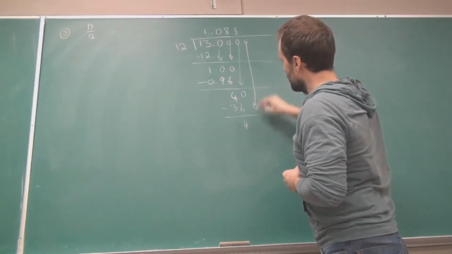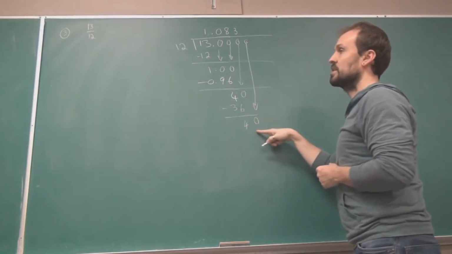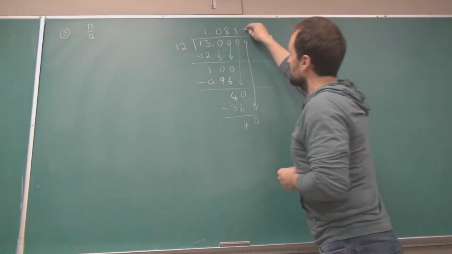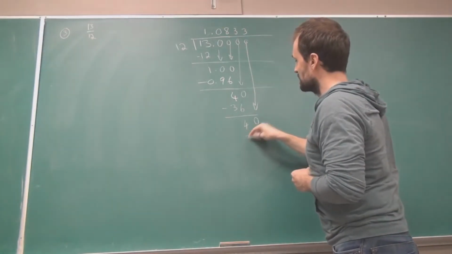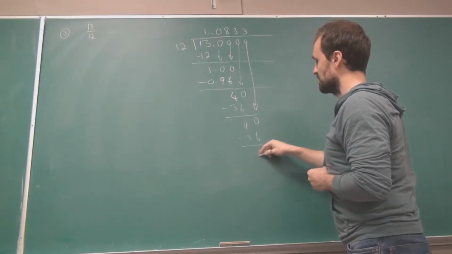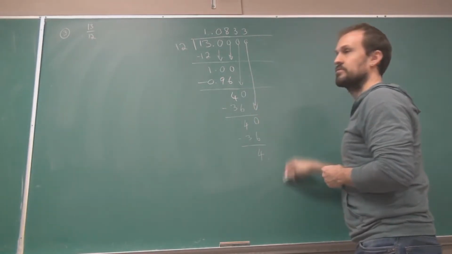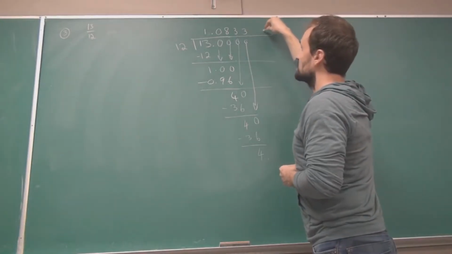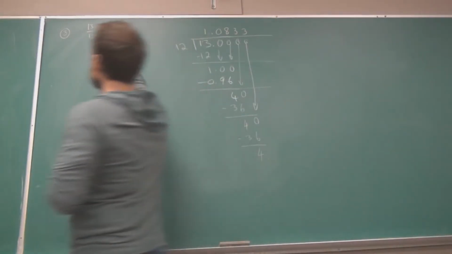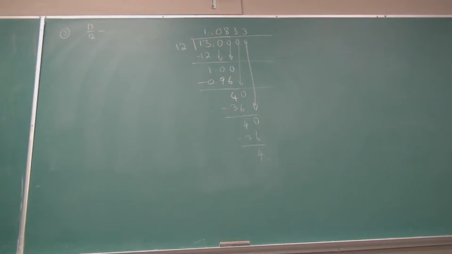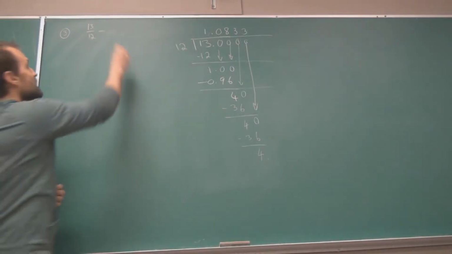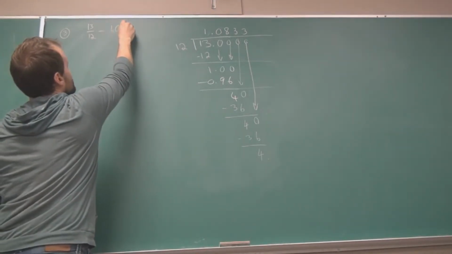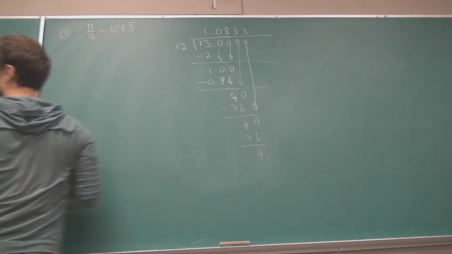Bring down another 0. 12 goes into 40. 3 times. 3 times 12 is 36. I'm starting to repeat myself here. 4, 4, 4, 4. So I conclude the 3's will just keep going. So you do enough until you're convinced that the pattern is just going to keep going. And this is 1.083 repeating.